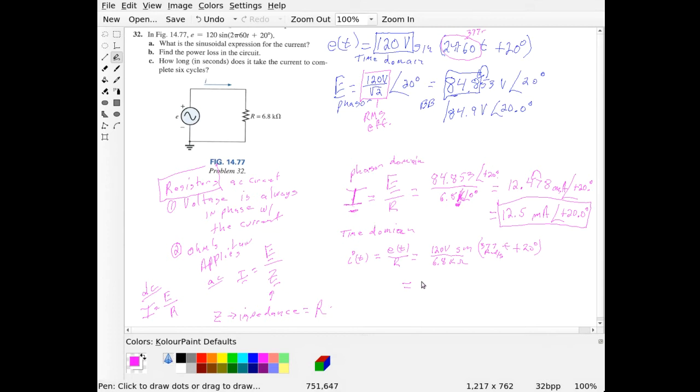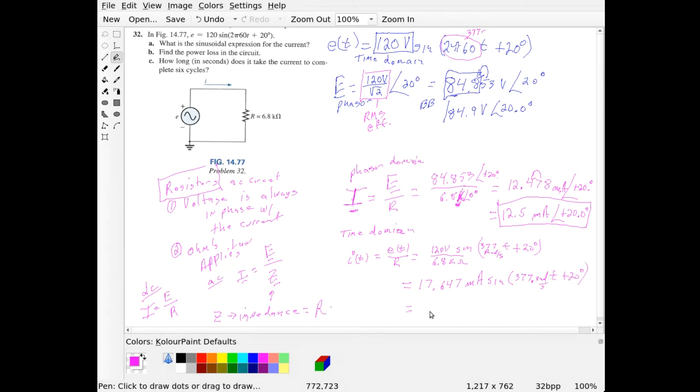We would get that to be 17.647 milliamperes sine 377 radians per second times t plus the 20 degrees.